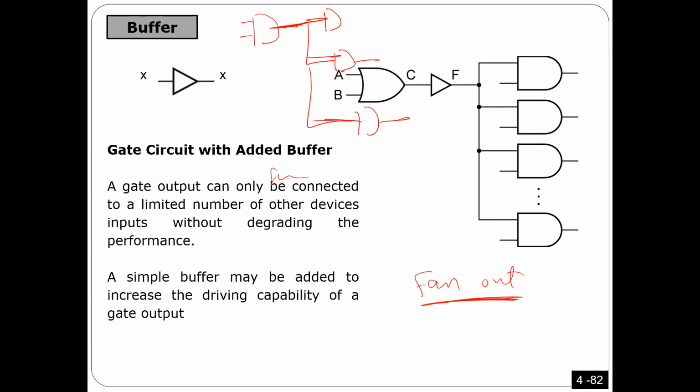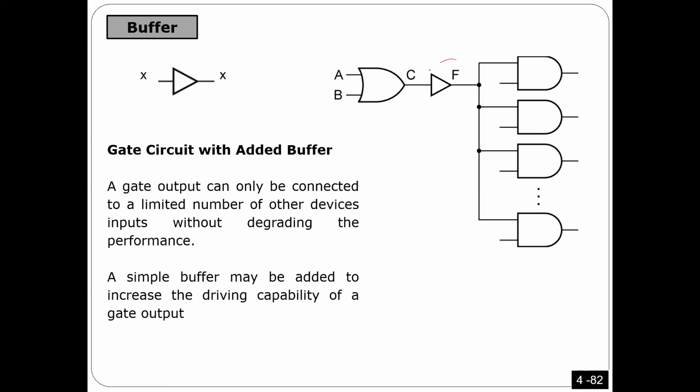You know what the reason for that is? The reason is still the same problem as the current. So the current provided by this one is not enough for more than 3. It can drive only 3 or less, but it can't be more than 3, right? So again, as I'm explaining here in this picture, one way to solve this problem is to put a buffer here. Yes, by using this buffer, I can connect more here.